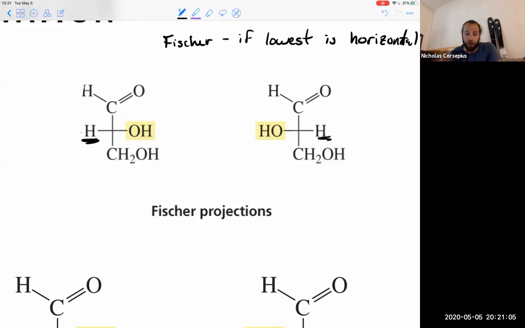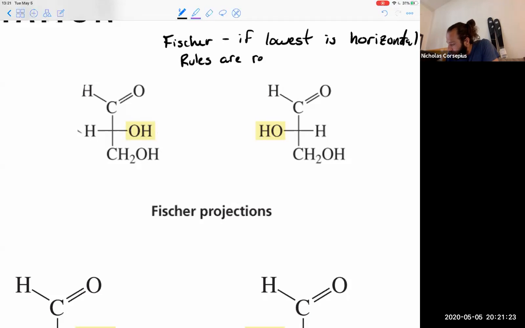And the nice thing is that it's always going to be the case when we're talking about sugars. We always put hydrogen on one side and an OH group on the other side. So they're always going to be this way, unlike when we first learned about it, when there were some curveballs.